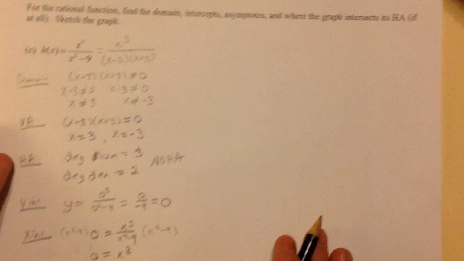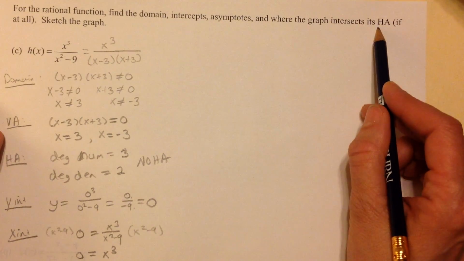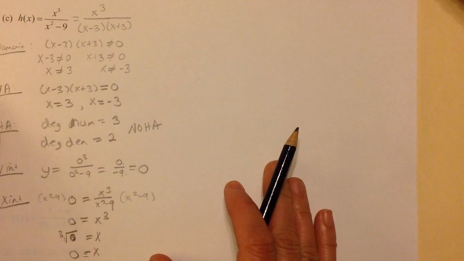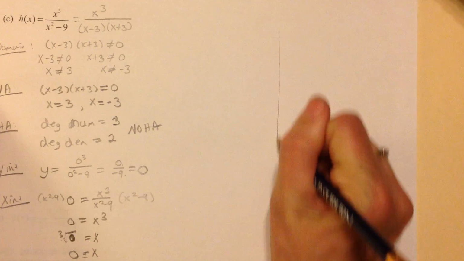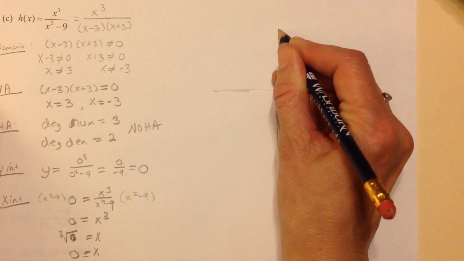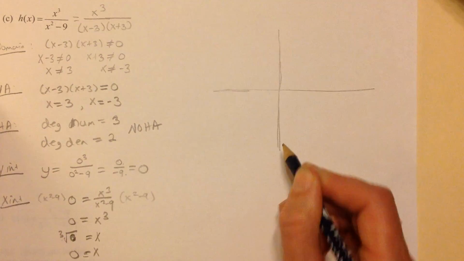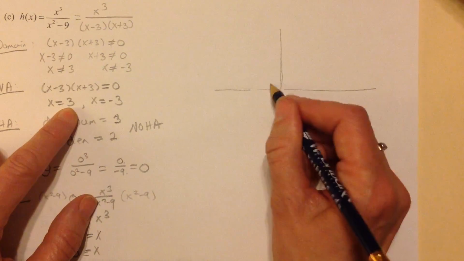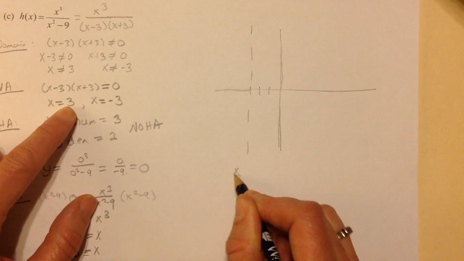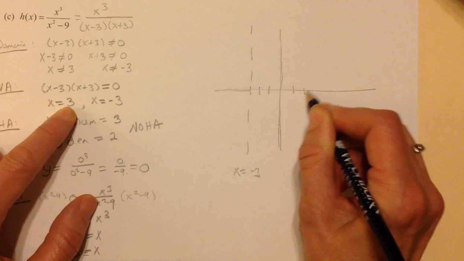Okay, last thing is to find whether or not the graph hits its horizontal asymptote. Well, we don't have a horizontal asymptote, so of course it can't hit it. Alright, now to tie it all together for a graph. Okay, so information that we have found: we have two vertical asymptotes at negative 3 and also 3.